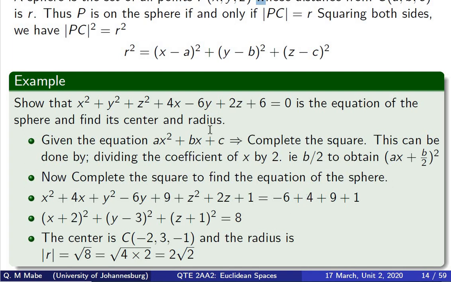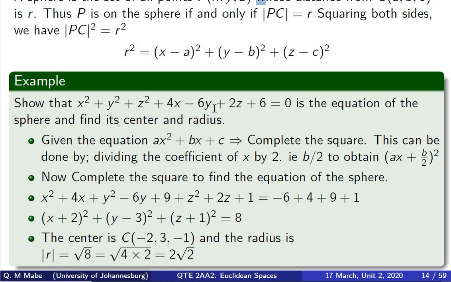And then with regards to our y variables, we have y squared minus 6y. We divide negative 6 by 2 because our b here is negative 6. For instance, y squared corresponds to ax squared, and negative 6y corresponds to bx.